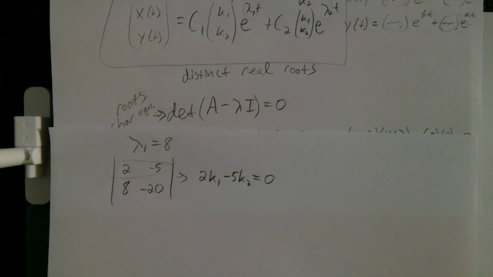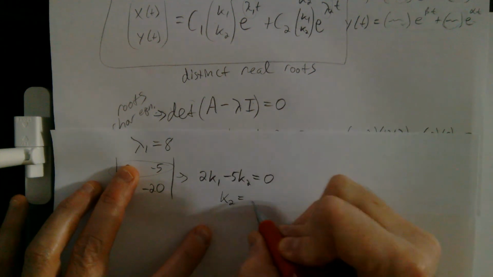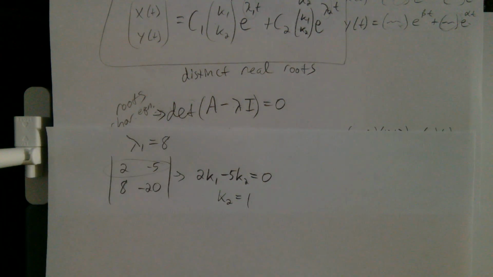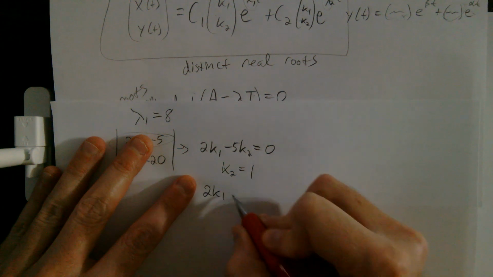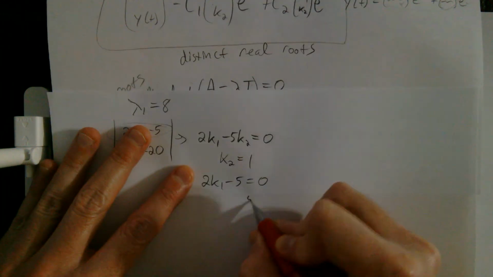So if our vector is 1, 2, then 2, 4, 3, 6, anything will work as long as it's a scalar multiple. That's why we can set one of these components equal to whatever we want, to find what the other component is related to that. So 1 is a nice choice, 2, k1 minus 5, so we get 5 halves, right?